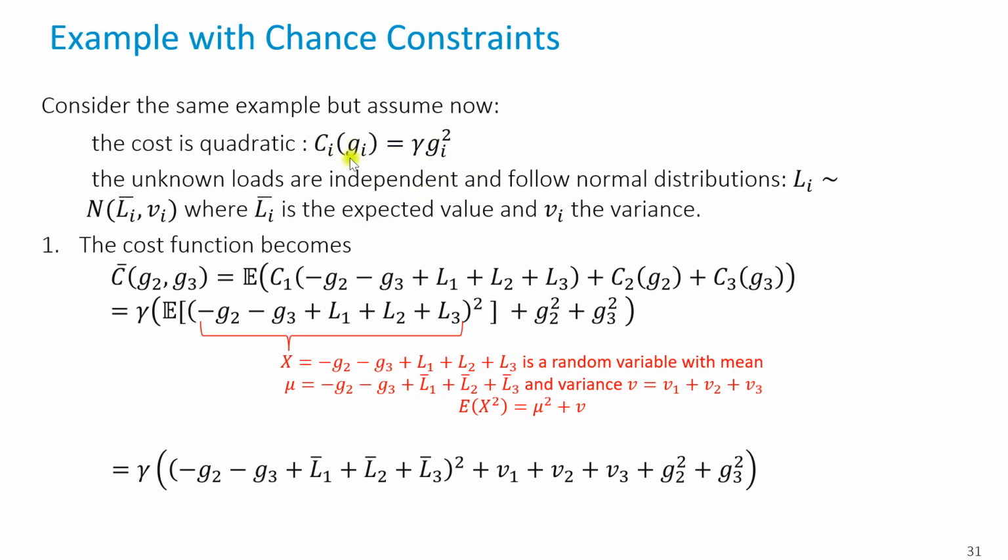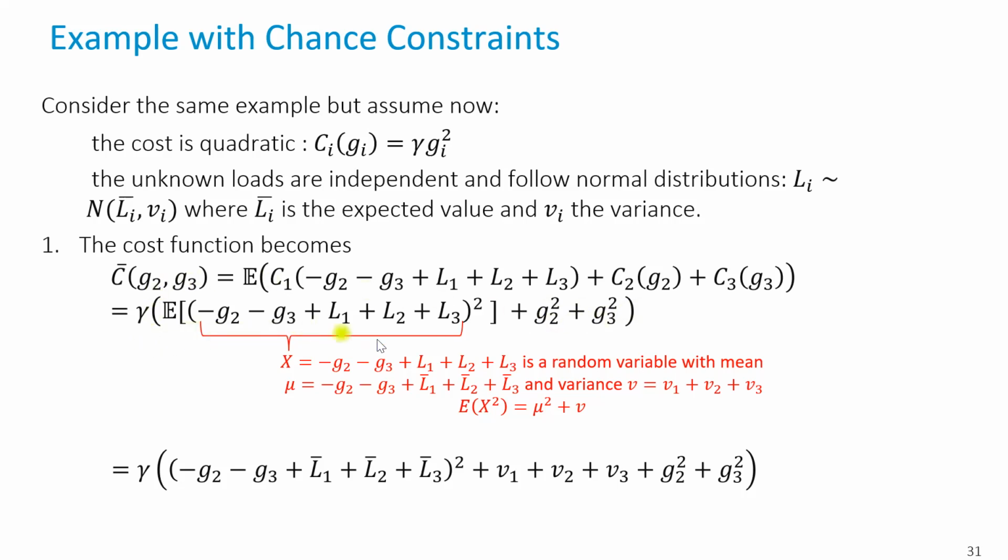Then what is the total cost? Well, you remember that in our example, G1 disappears because G1 is this function of the set points and the disturbances here. And now C1 is gamma times this thing to the square. So if I develop all this, G2 and G3 become those quantities squared with the gamma in front.